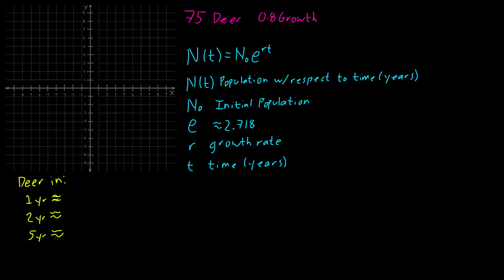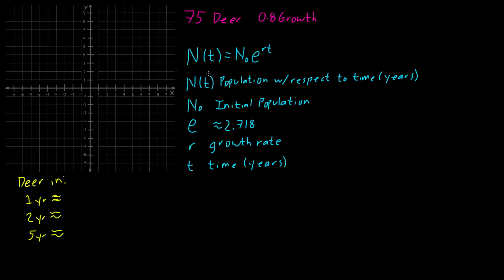In 2 years and 5 years, approximately how many deer are there going to be? They estimate that the equation takes this form, and they'll adjust later, maybe count the deer and then adjust their growth rate. But this is the prediction they're basing their estimate on, and why they need 75 deer. They want to hit some population numbers.